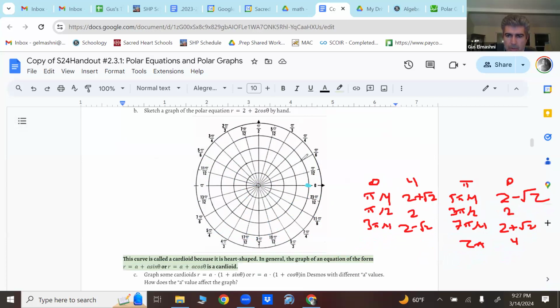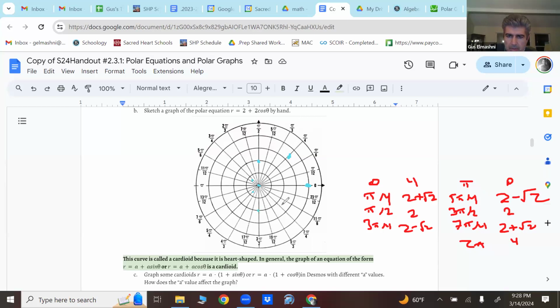Then pi over 4, 2 plus root 2 is like 3.4 something. Then 3 pi over 2, 2.